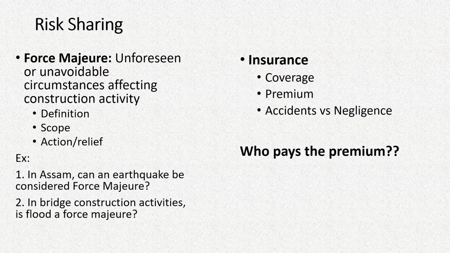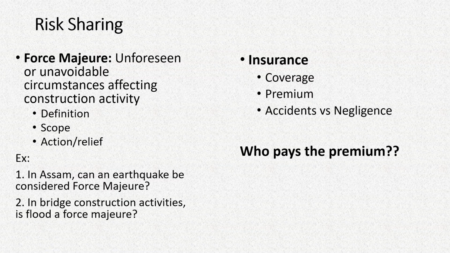Now force majeure is some incident or some happening which is unforeseen or unavoidable, and which cannot be controlled by either the client or the contractor or any other stakeholder. So in that case, it is very necessary to define exactly what kind of incidents or disasters may be considered as force majeure, and what are the scopes, and what are the plan of action or relief.